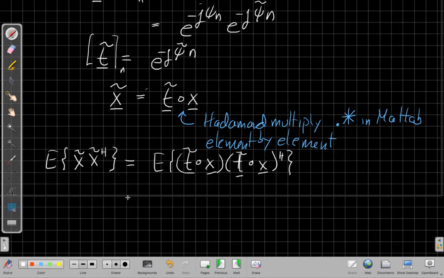Right? And so if I think about this, this is complicated at first, but if I think about it term by term, let's call this what we've been calling things. This would be S of x, right? We call it S tilde.